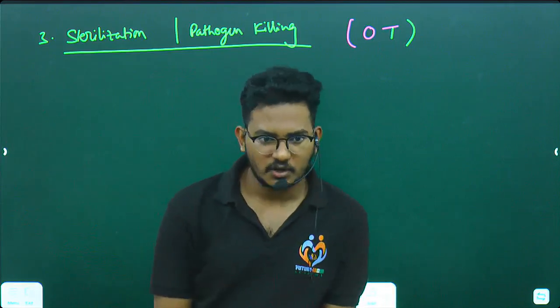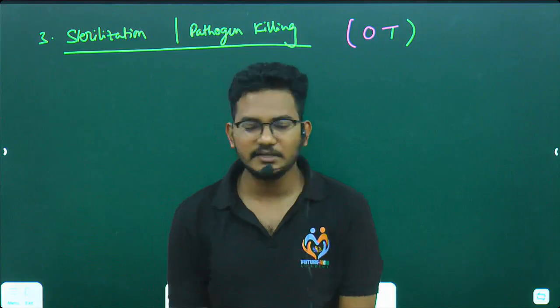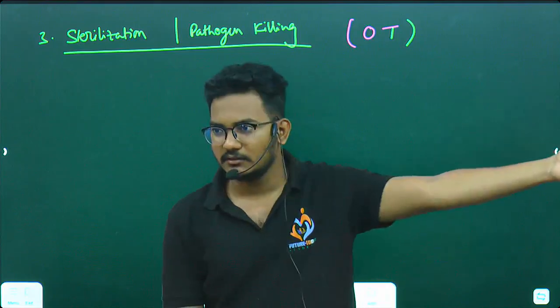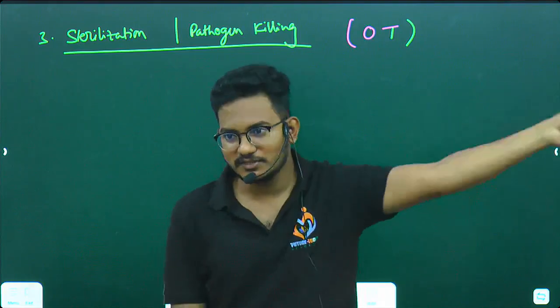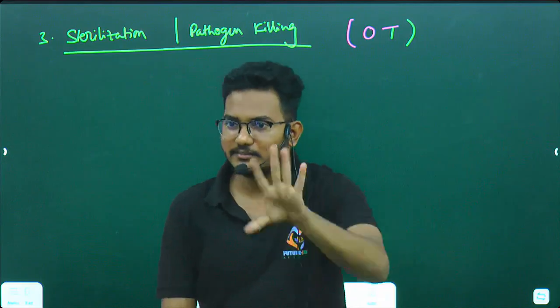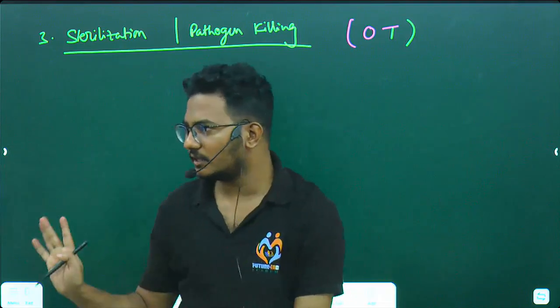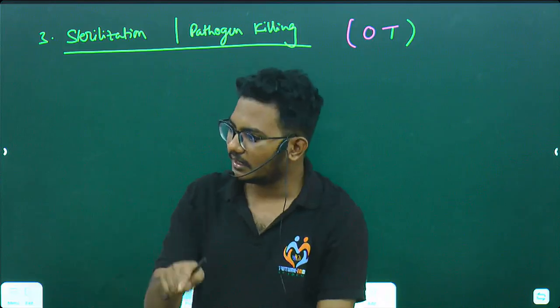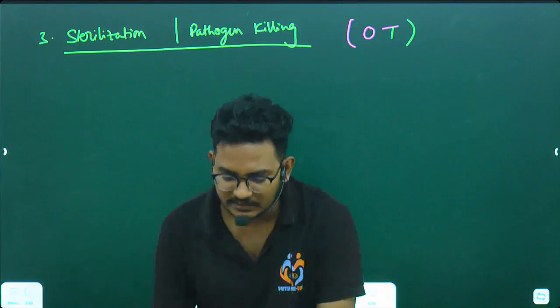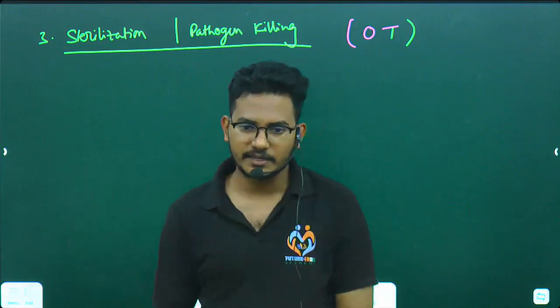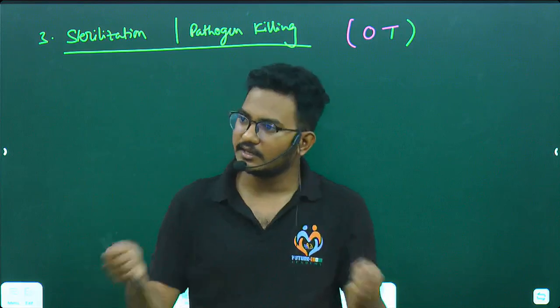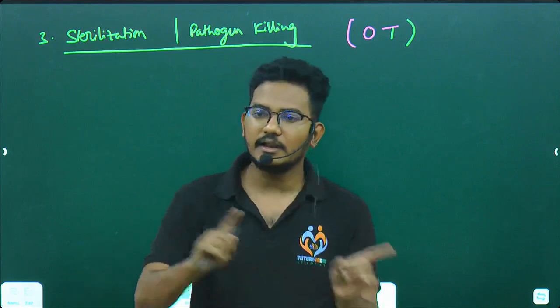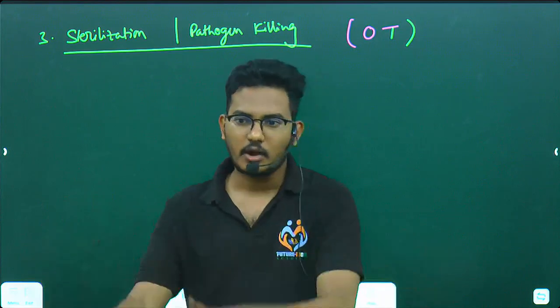Obviously, if there is some dust around while somebody is doing an operation, the dust will enter the body. Similarly, if some bacteria is in the operation theater, it will enter the body. That's the reason they'll remove the clothes of the patient, clean the patient first, give their own clothes, and then take the patient into the operation theater.